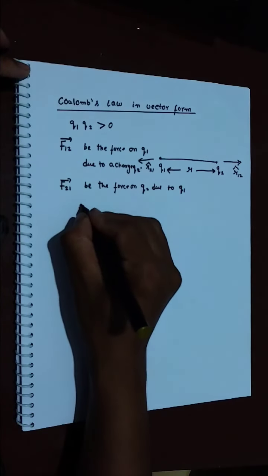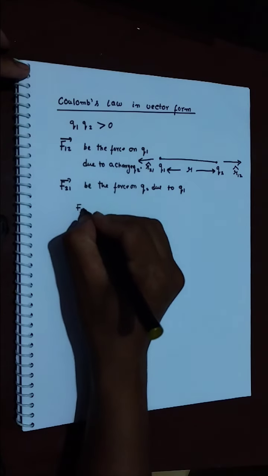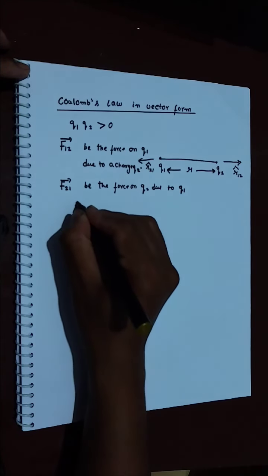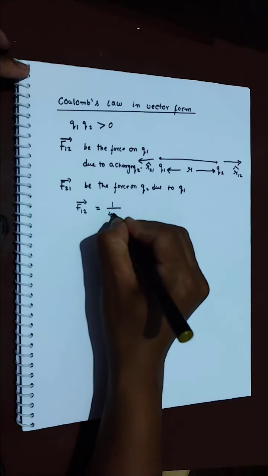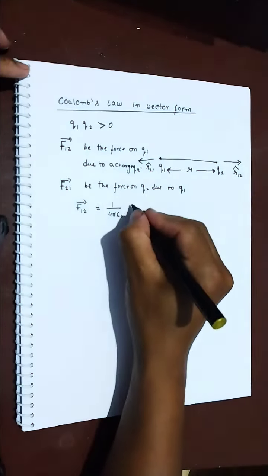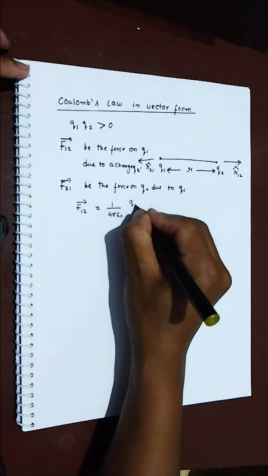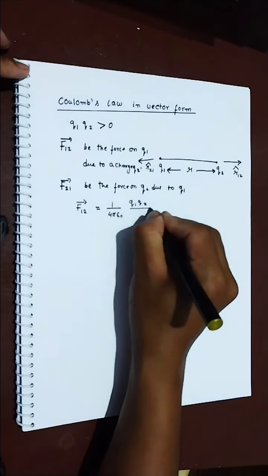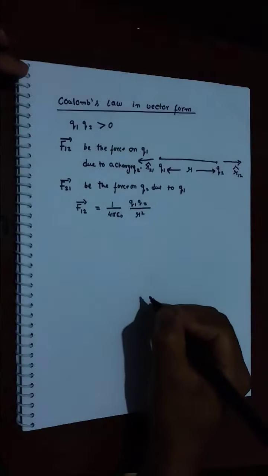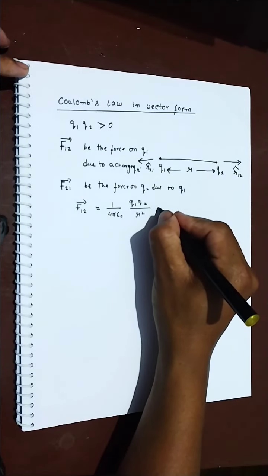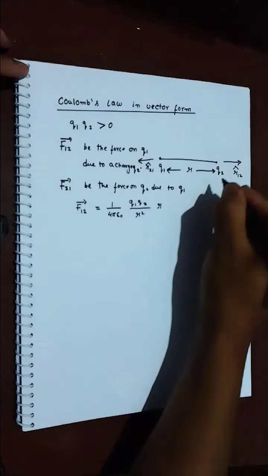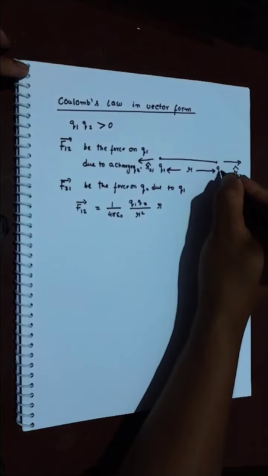So clearly from here, the force on a charge Q1 due to a charge Q2 is 1 by 4 pi epsilon naught Q1 Q2 divided by r square in a direction from 2 to 1.